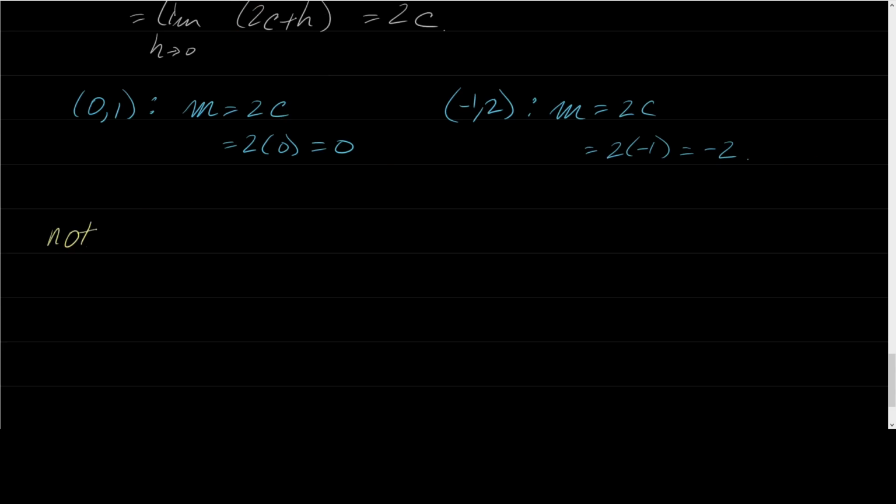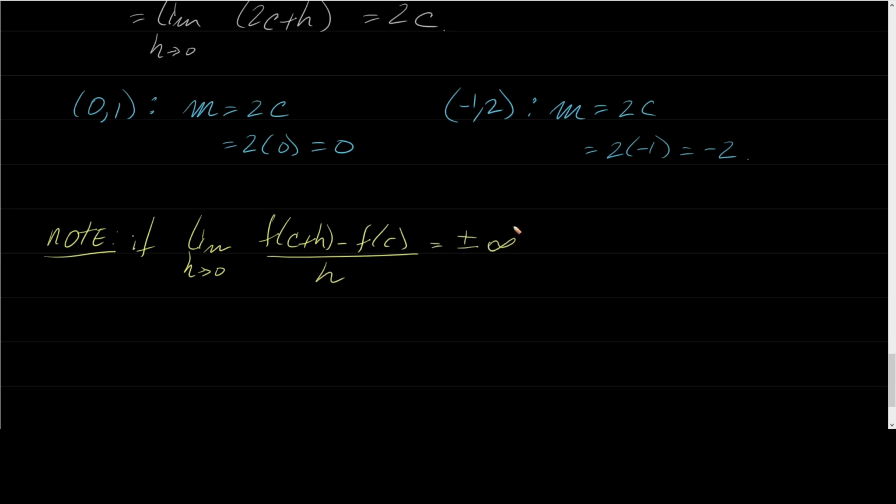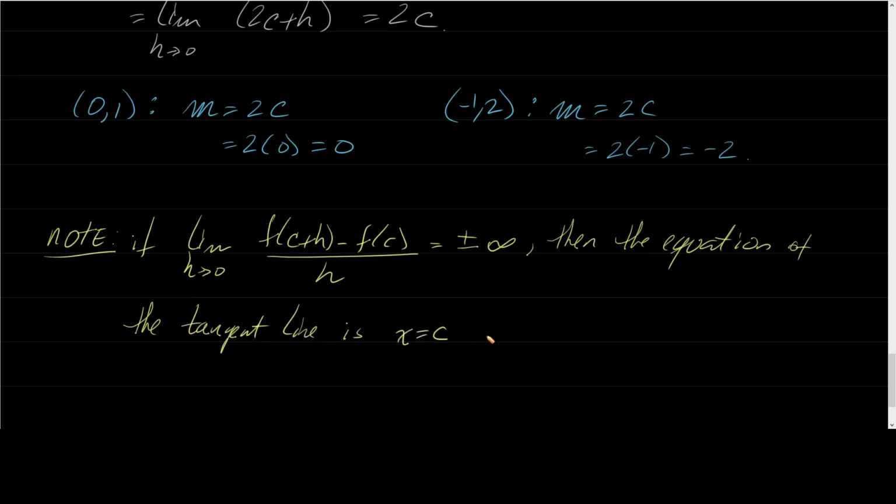Note. If the limit as h goes to 0 of f of c plus h minus f of c over h gives us either positive or negative infinity, all right, then the equation of the tangent line is x equals c, and it is a vertical tangent line.